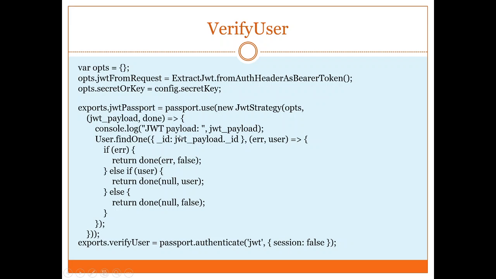User.findOne with the payload. If there is an error, we return done with the error and false for the user. Else, if the user exists, we call done with null for the error and the user information.